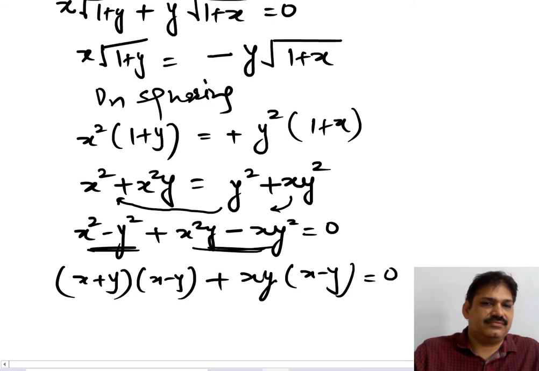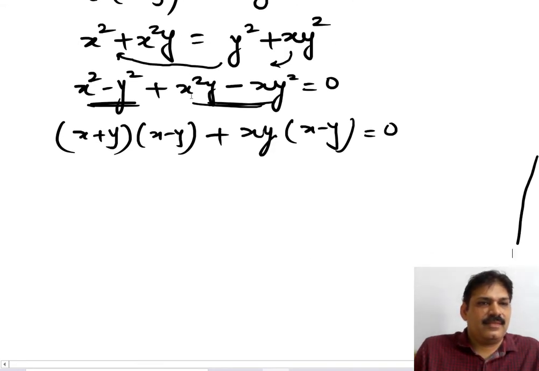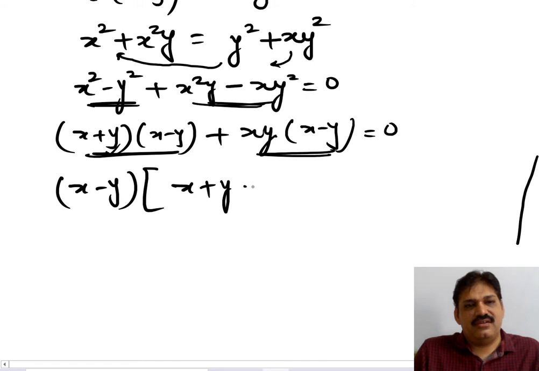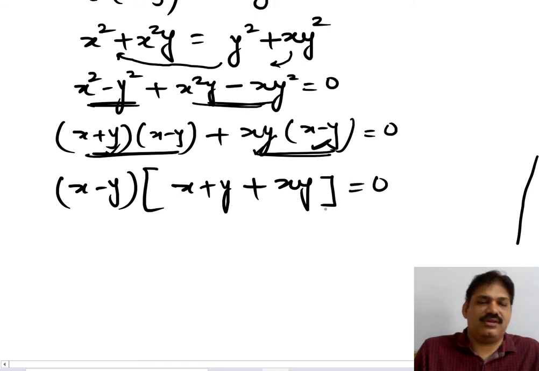So now, what we do is simply, x minus y we can see common from both the terms. We will take x minus y common. So here we get x plus y plus xy. If I take x minus y common from here, I get xy. Okay.